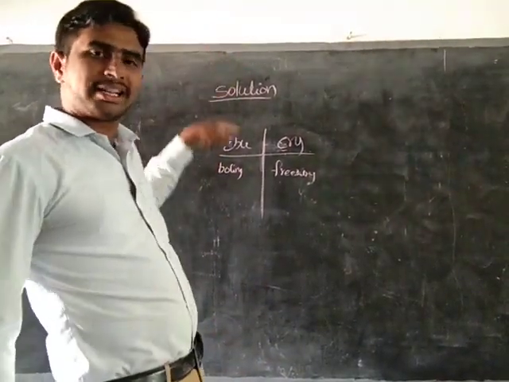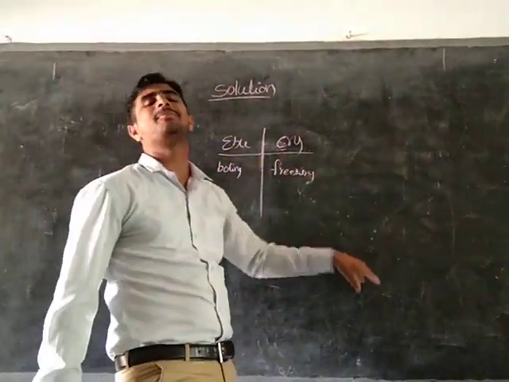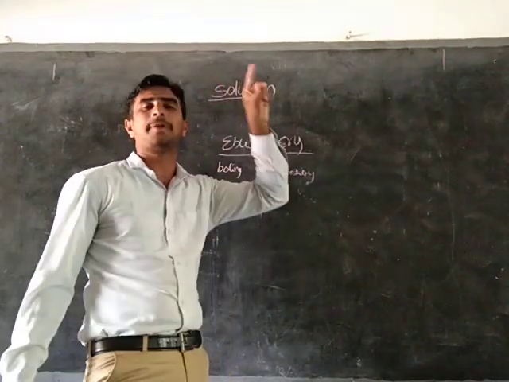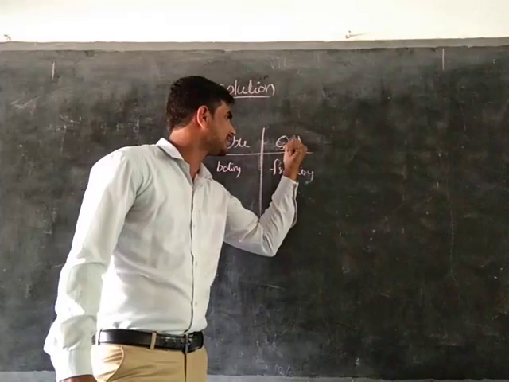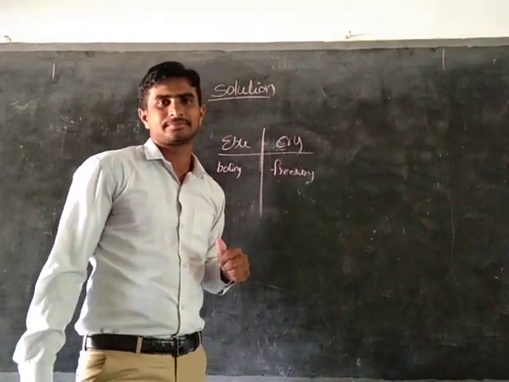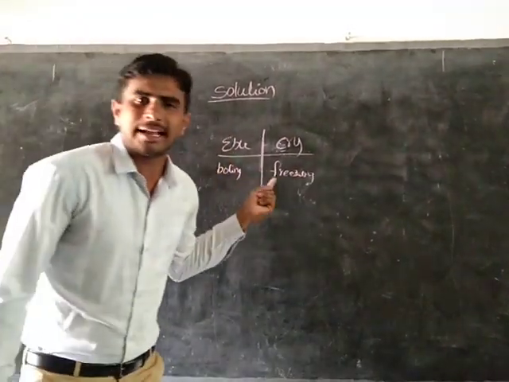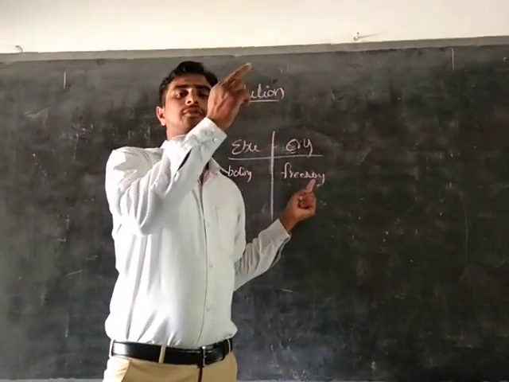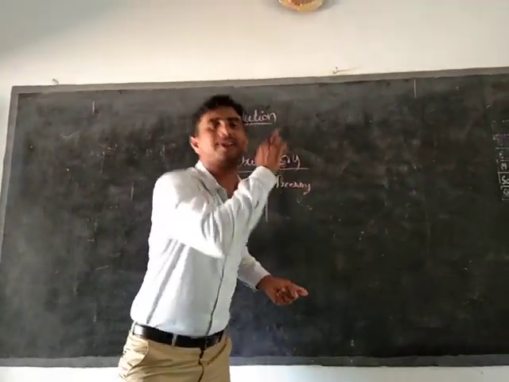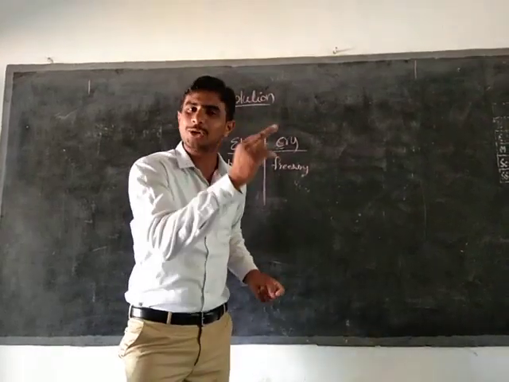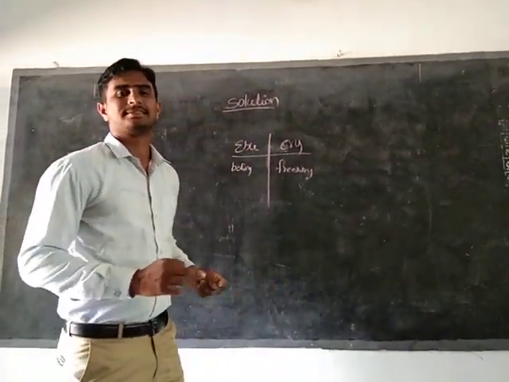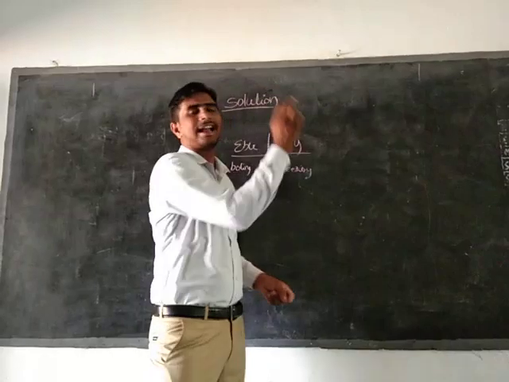Increase in the boiling point observed, decrease in the freezing point observed. Increase in the boiling point means ebullioscopic, decrease in the freezing point means cryoscopic. Ebullioscopic means the elevation of boiling point observed in a 1 molar solution containing a non-volatile solute.